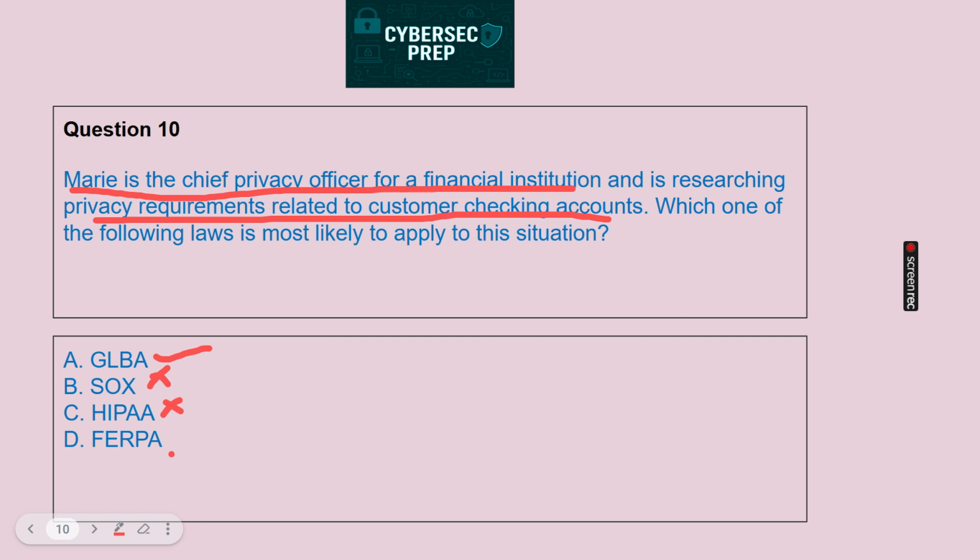FERPA means Family Educational Rights and Privacy Act. This is an act which regulates the handling of student education records. Here, in the question, there is no reference to any student education records. So this option is also not the right option. The correct answer is A, GLBA.